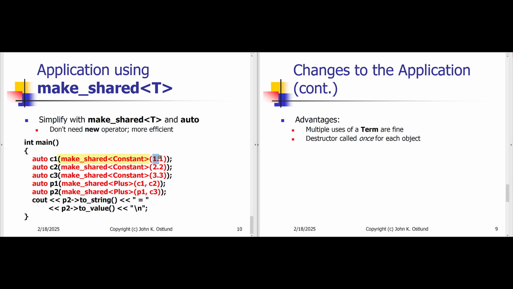Here we can specify our initial value or initial values in the case of plus, and that will create for us a shared pointer to constant, or a shared pointer to plus in the case of make shared plus.